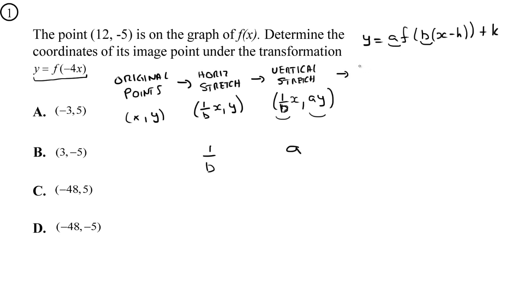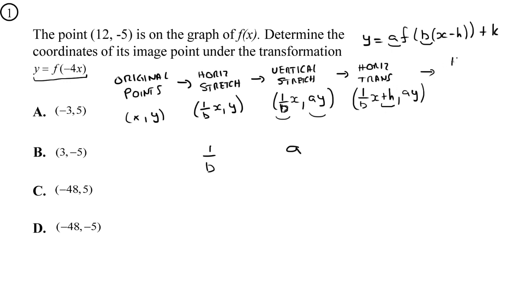Okay, the next part is the horizontal translation, which is (1 over b x plus h, a y). Don't get confused. The point's going up by positive h units. Take a little time, think about it, figure it out.